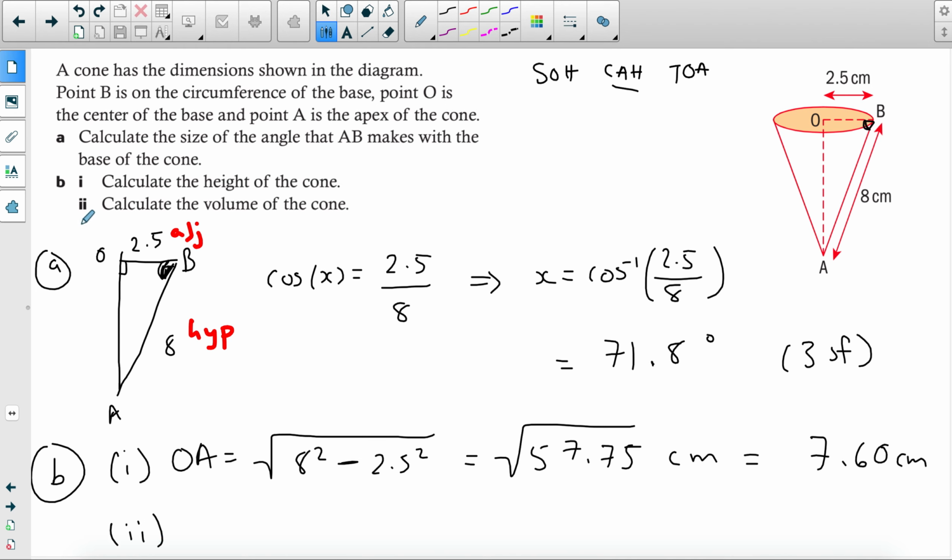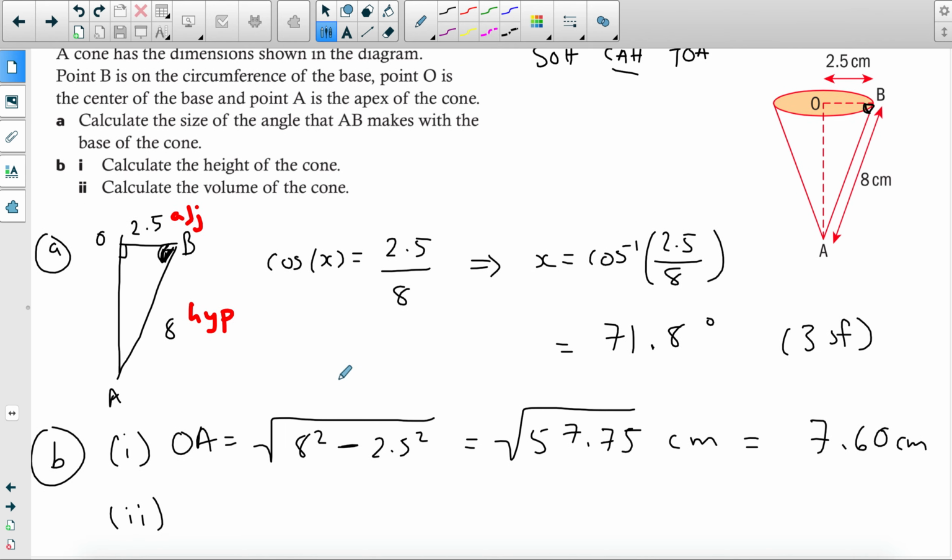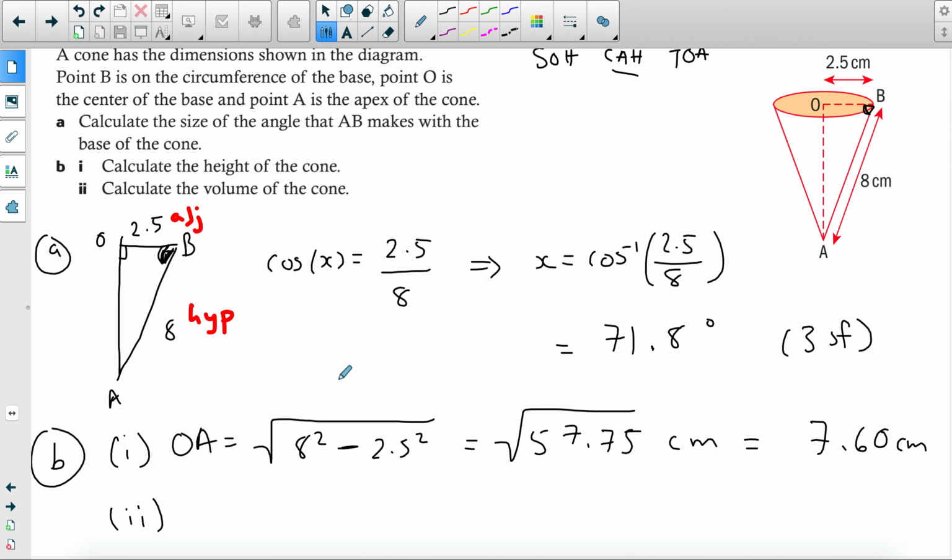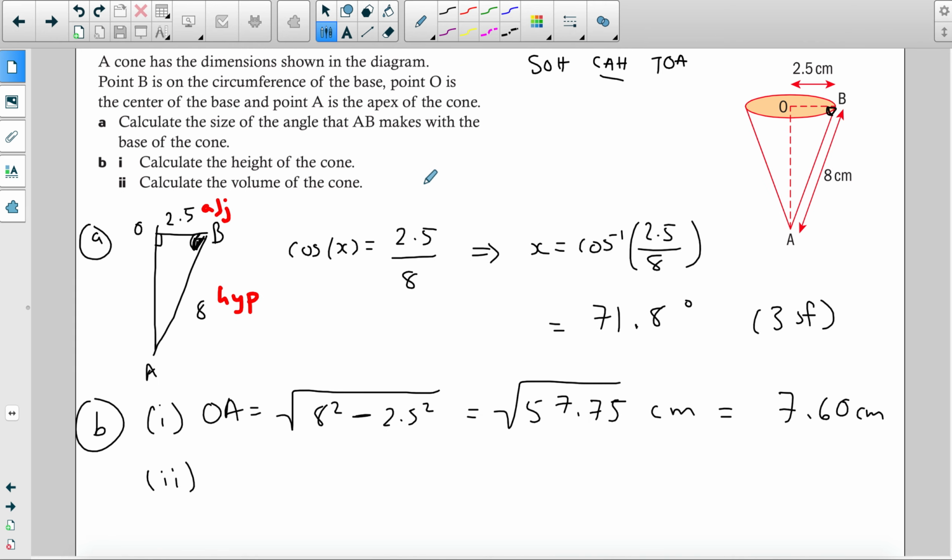For part 2, calculate the volume of the cone. You don't need to remember the formula for the volume of a cone. It's given in your data booklet, but you need to know how to use it. So the volume is equal to a third times pi times r squared times h.